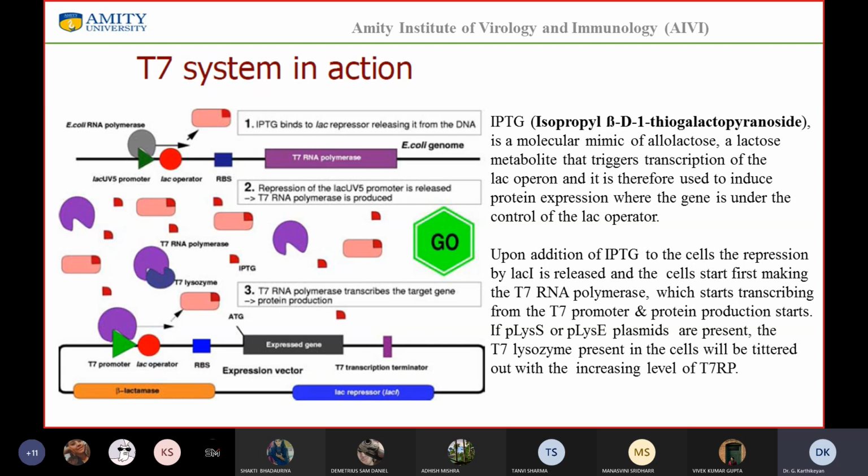Some proteins you can do at 37 degrees and they get expressed fantastically. Some proteins you need to go down to 4 degrees centigrade, only then will they express and fold properly. And some proteins you need to do at 25 degrees centigrade. So it all depends on the protein. Sometimes you may need to do multiple different things before you optimize your expression system.